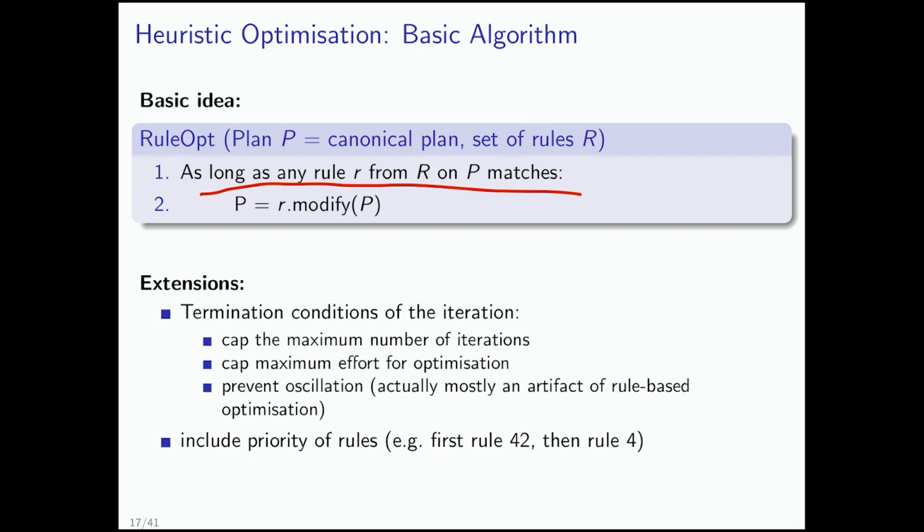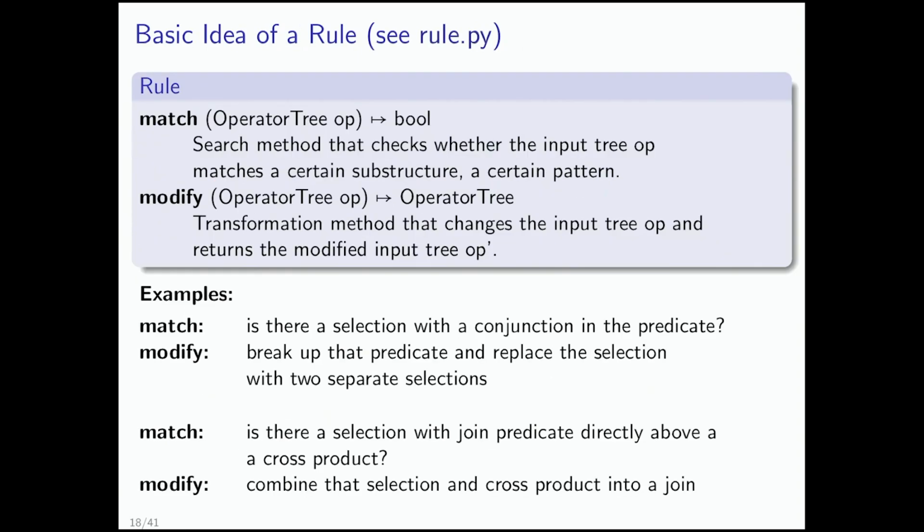As long as any rule in that rule set matches, you transform, but eventually you reach a point where you can't transform the plan anymore. You tried your best, but now you have a plan you can't change anymore, and then this algorithm stops.